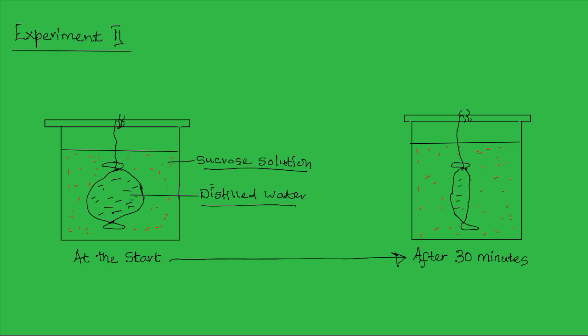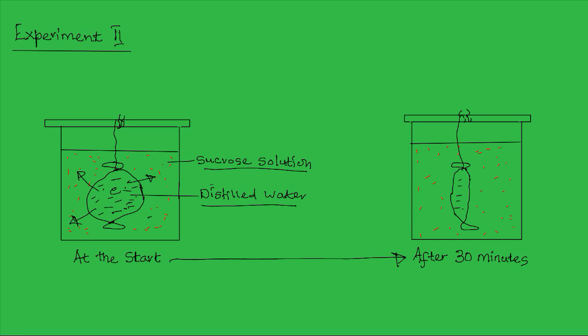What is happening is that the distilled water in the Viscose tubing has a high concentration of water molecules, which then move out by osmosis into the sucrose solution with a lower concentration of water molecules.